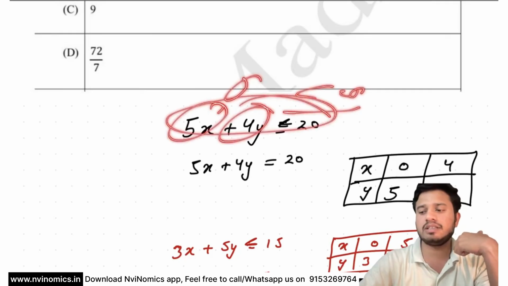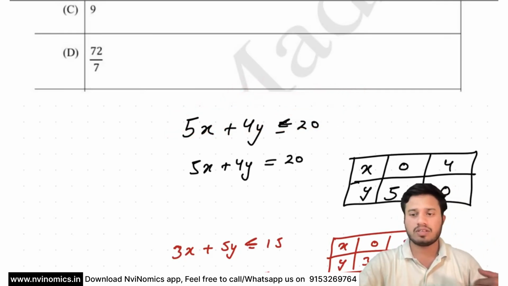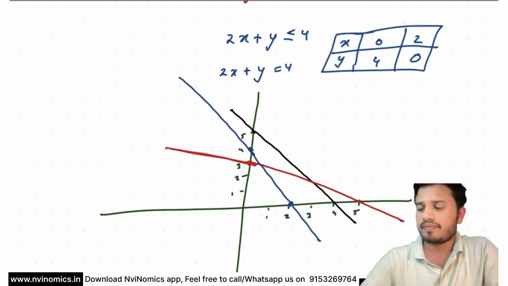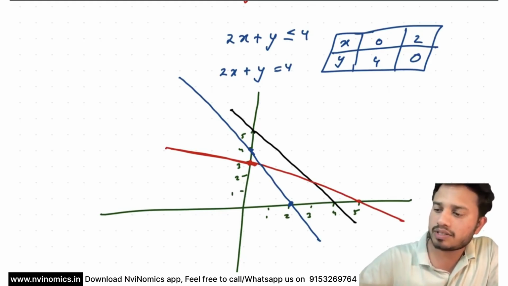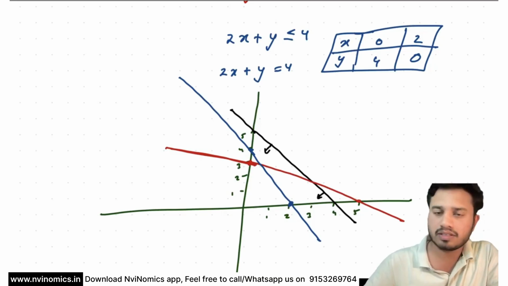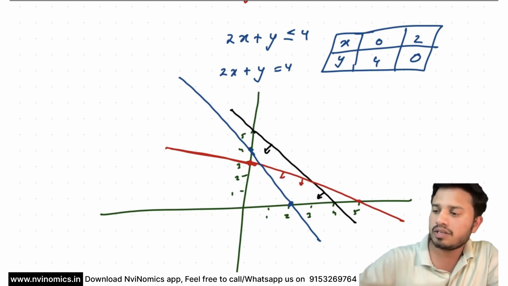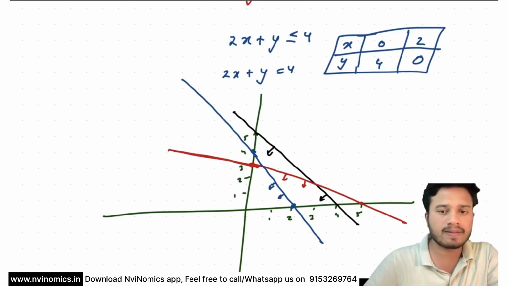That means the region for the first line contains the origin. So the first line is taking these points, this region is pushing towards the origin. Similarly, the second region is also pushing towards the origin, it is also less. Similarly, the third region is also pushing the region to the origin side.